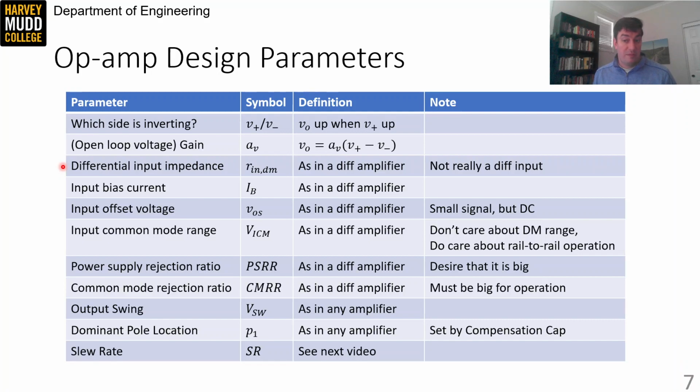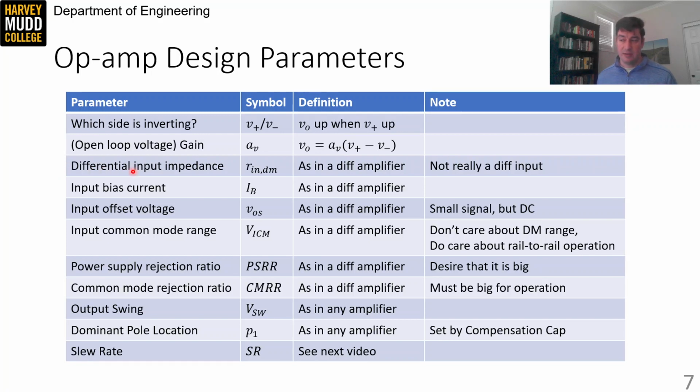This parameter is important because it's how we meet the infinite input impedance specification for an op-amp. However, it might be surprising that this is a small signal measure at first glance. You might say, don't we sometimes put big voltages into an op-amp? And we do. But because op-amps are always used in feedback, and because feedback acts to minimize the difference between V plus and V minus, the inputs only ever see a small differential signal.